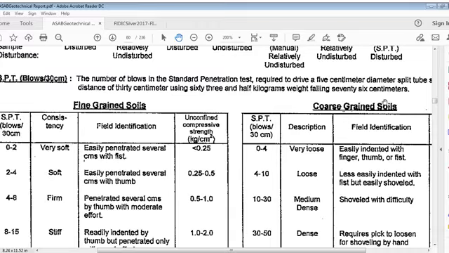So the height is 76 centimeters, and the weight is 63.5 kilogram.